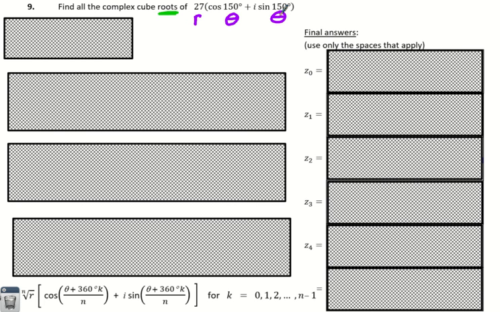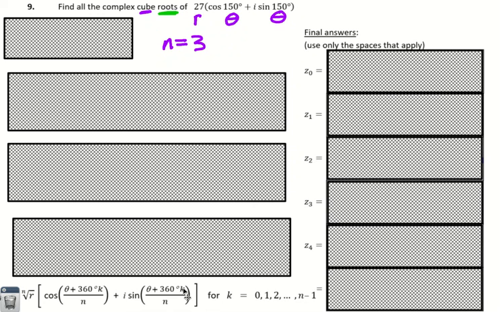If we're finding all the cube roots, that means n equals 3, because cube roots means third roots. So R is 27, theta is 150 degrees, and my n is 3 because those are the kind of roots we're finding. The only other thing to be aware of in this formula is your k.